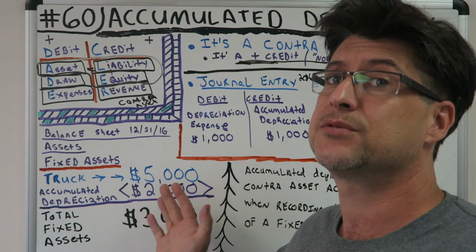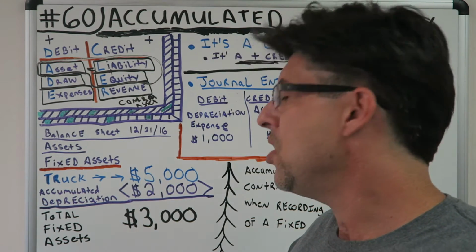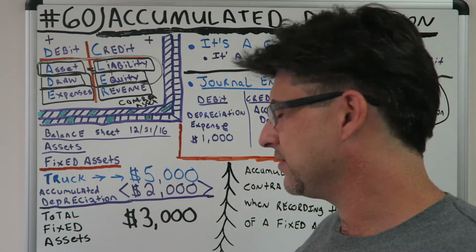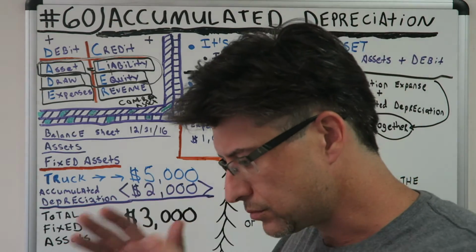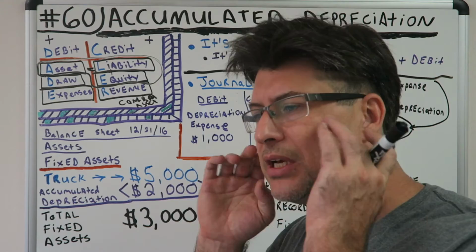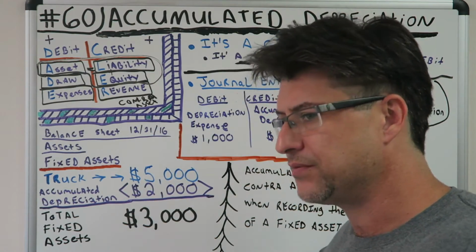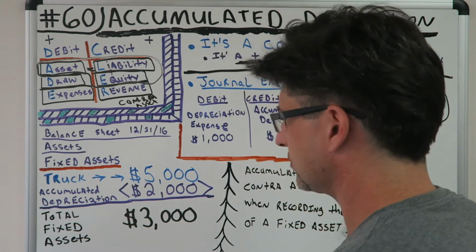Well, they had $1,000 from a prior year, so it accumulates, and it totals to $2,000. Okay, so the truck has $3,000 left of depreciation. It's probably got a couple more years of depreciation left. So you can glean all that from looking at the balance sheet for a couple seconds. And that's kind of why it's done like that.